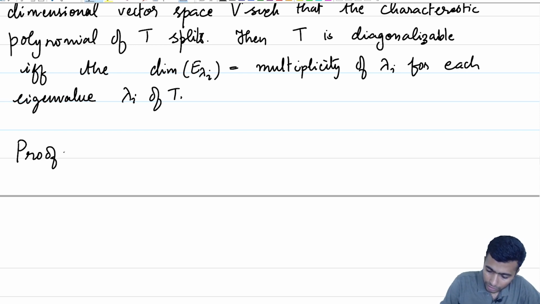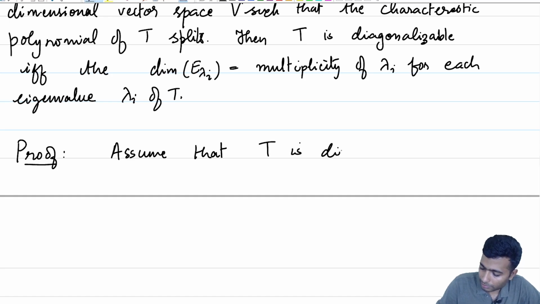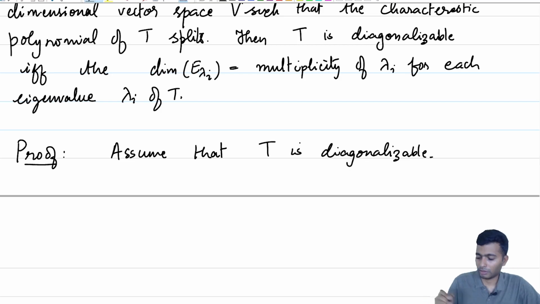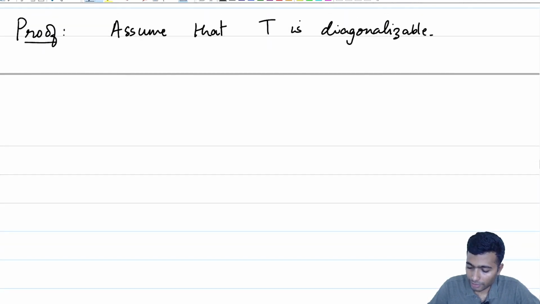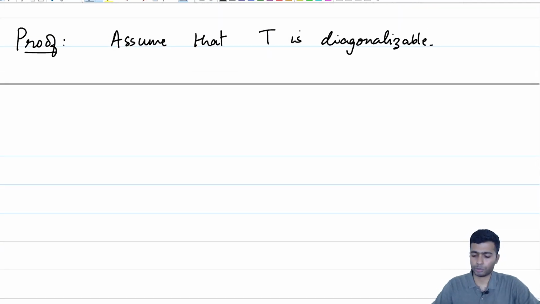So let us first assume that T is diagonalizable. We would like to show that the dimension of E lambda i is equal to the multiplicity for each of the eigenvalues lambda i. So what does it mean to say that T is diagonalizable?